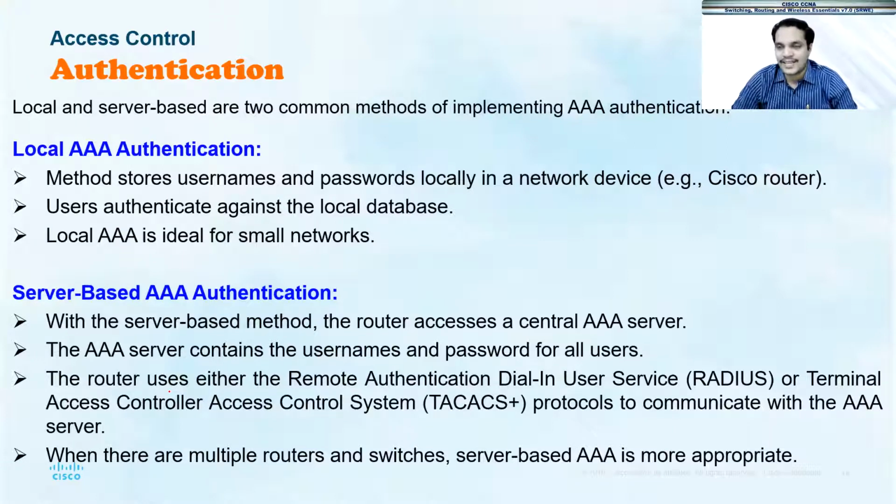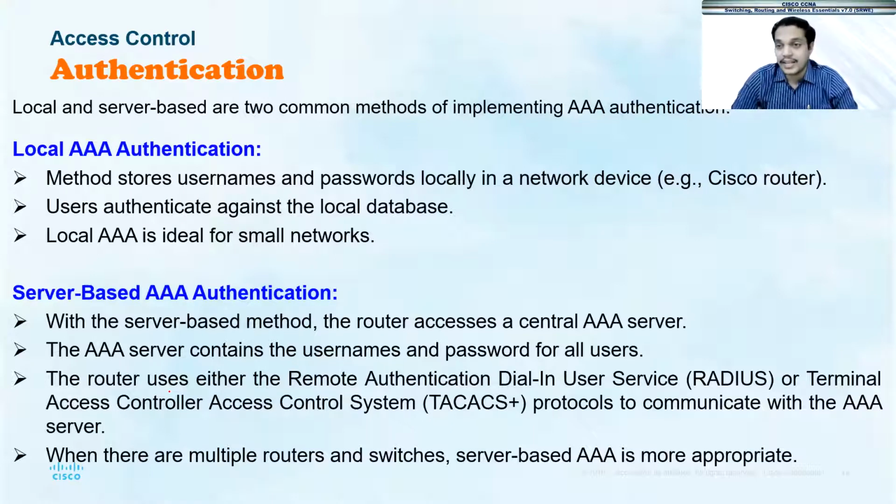If you go for a large enterprise network, the other method, the server-based AAA authentication, is far more suitable. In this method, the router accesses a central AAA server which holds all the details. The AAA server contains the usernames and passwords for all users in the network. Every user's username and password is stored there.